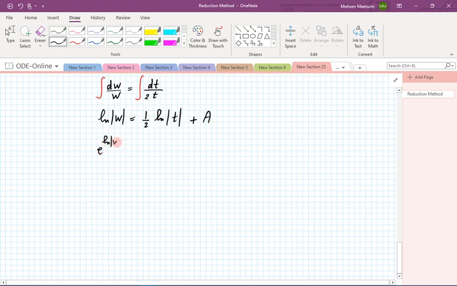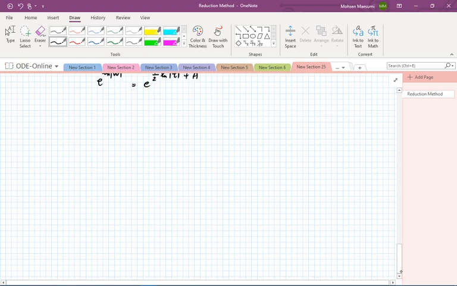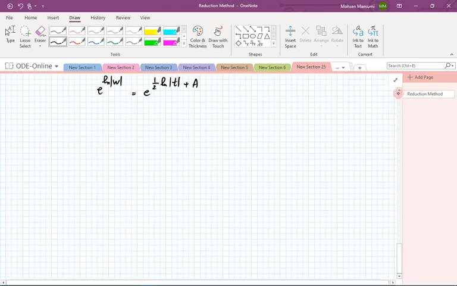Exponential of logarithm of w is exponential of 1/2 of logarithm of t plus a. So the exponential of logarithm is the input. This one you can write as exponential of logarithm of t to power of 1/2, that is, take the 1/2 inside, plus a.